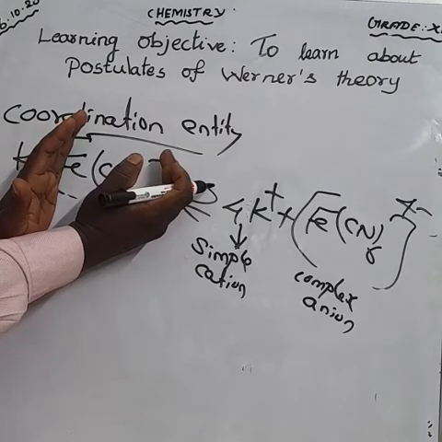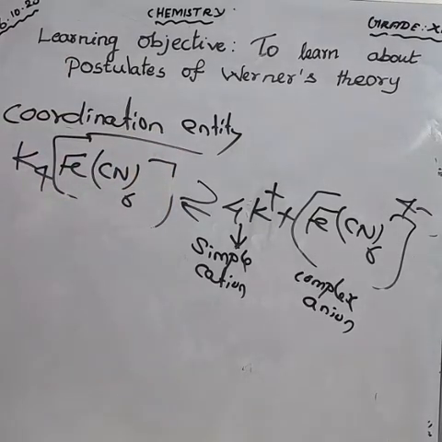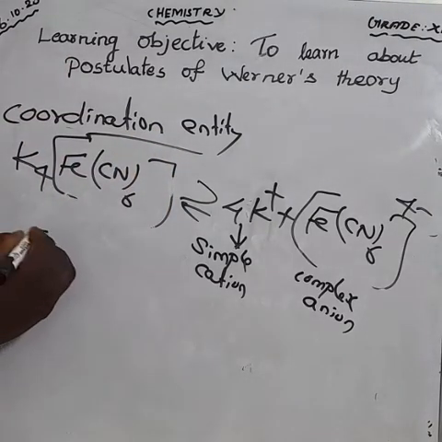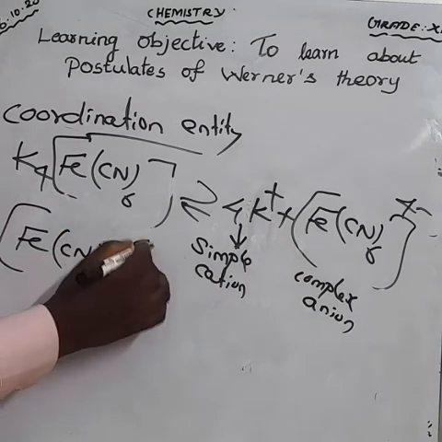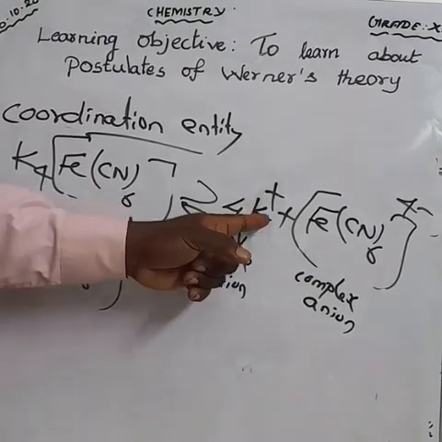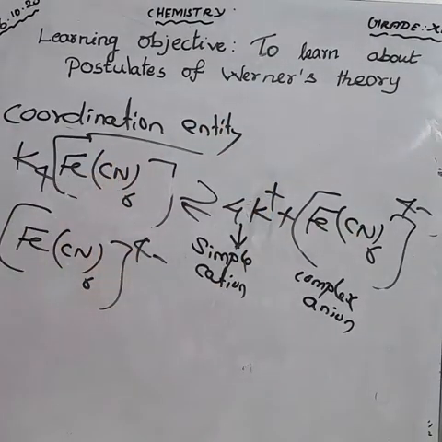What is the coordination entity? It is what is enclosed in a square bracket, that is [Fe(CN)6]4-. How we get 4+ and how we get 4-, I will explain later. Now, this is about the coordination entity.